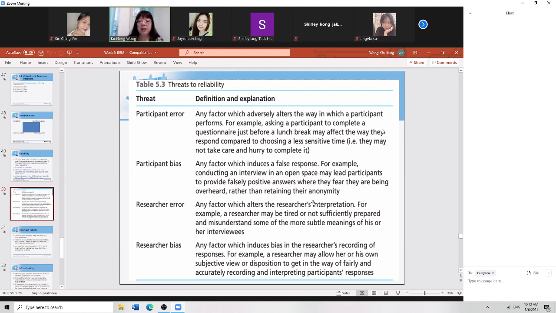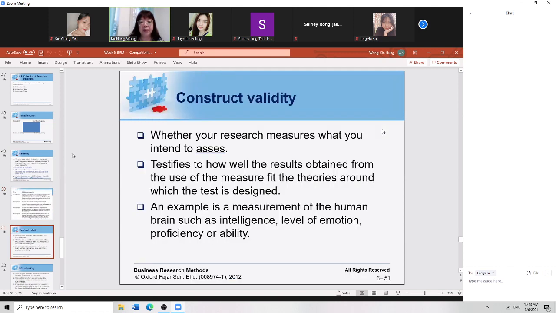This bias means participants have certain bias towards certain matters, so they don't give you a real response. So we don't choose to interview in an open space. For example, if you ask sensitive questions, they may not give you the real answers. So this is participant bias.